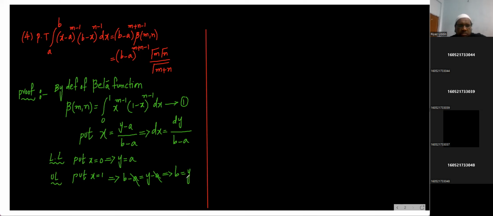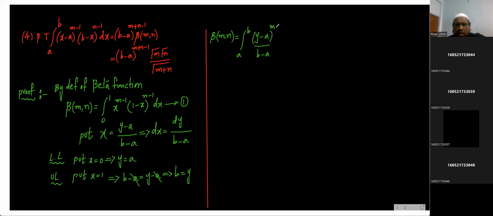So the problem becomes: beta of m comma n is equal to the integral with lower limit a and upper limit b. What is the value of x? It is y minus a divided by b minus a, whole to the power of m minus 1.